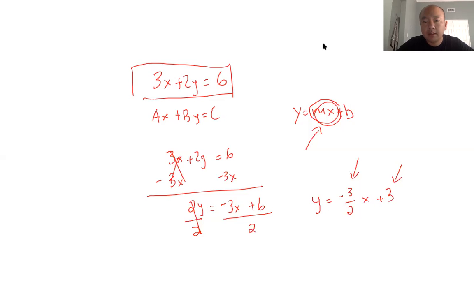Let me clear this here. Okay, so let's say we have the equations y equals 2x plus 3 and y equals 2x plus 6. First of all, right away you should know that they're both in slope-intercept form.